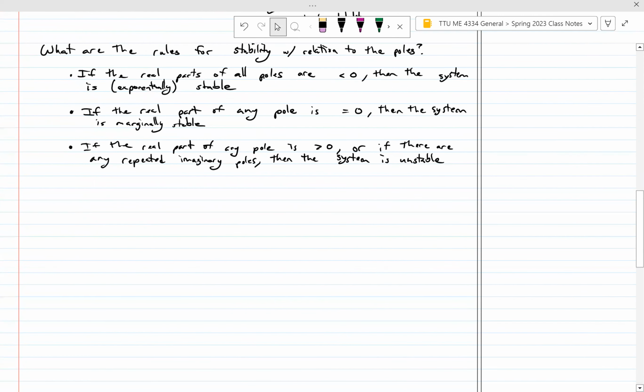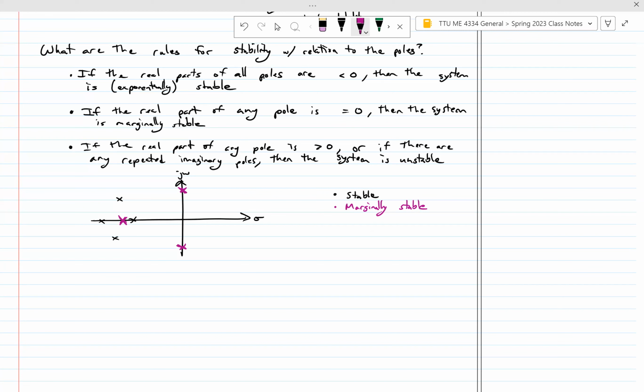But now, if I have a different set of poles, hopefully you can see that purple, but then one here and one at the origin, that is marginally stable. Because even though we have one with a negative real part, we have one with the real part equal to 0, and that overpowers it.